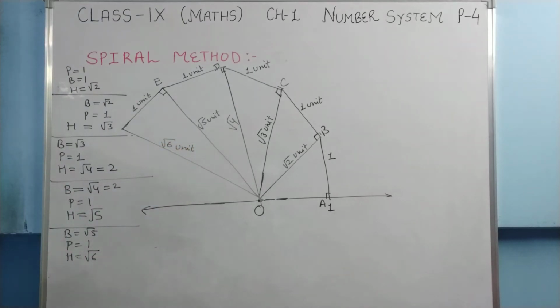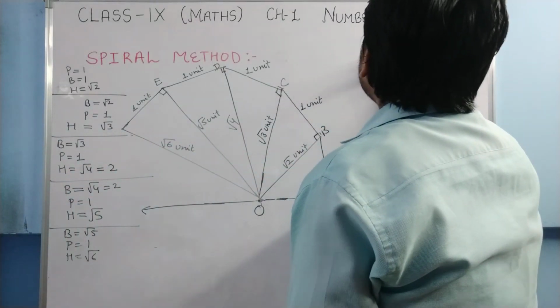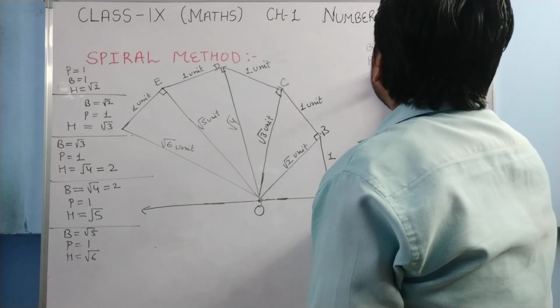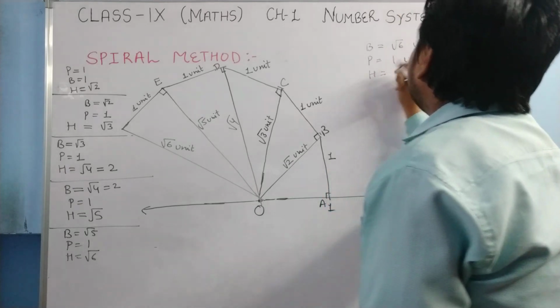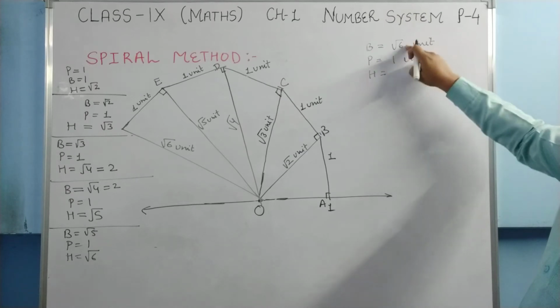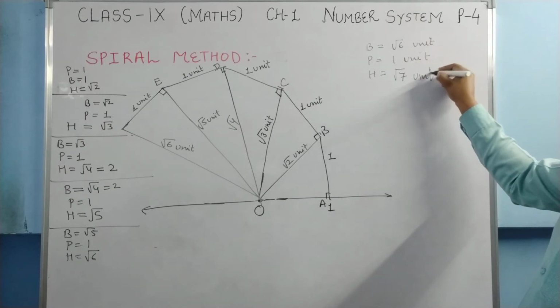In the same manner we can continue. If we suppose the base as under root 6 unit and the perpendicular as 1 unit, then what hypotenuse will we get? Under root 6 squared is 6, perpendicular 1 squared is 1, 6 plus 1 is 7, so the hypotenuse will be under root 7 unit.